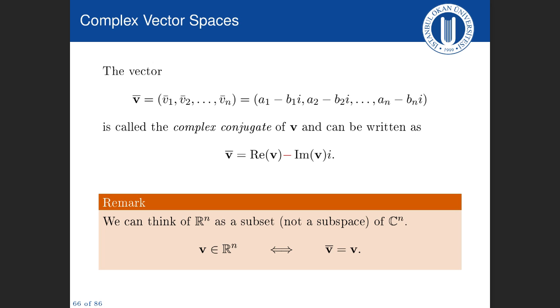We can think of R^n as a subset of C^n. We have the rule that v is a real vector, v is in R^n, if and only if the complex conjugate of v is equal to v. Now, I've written something else here: that R^n is not a subspace of C^n. Why is that true?